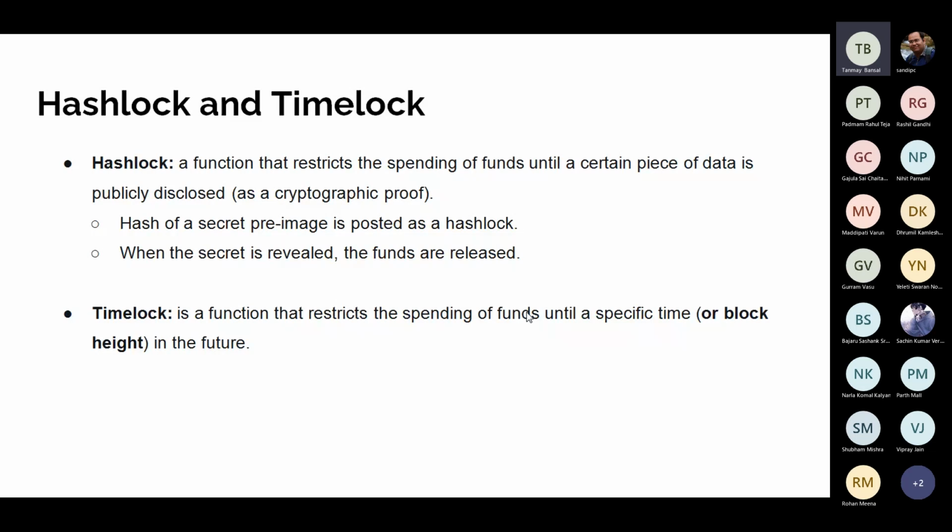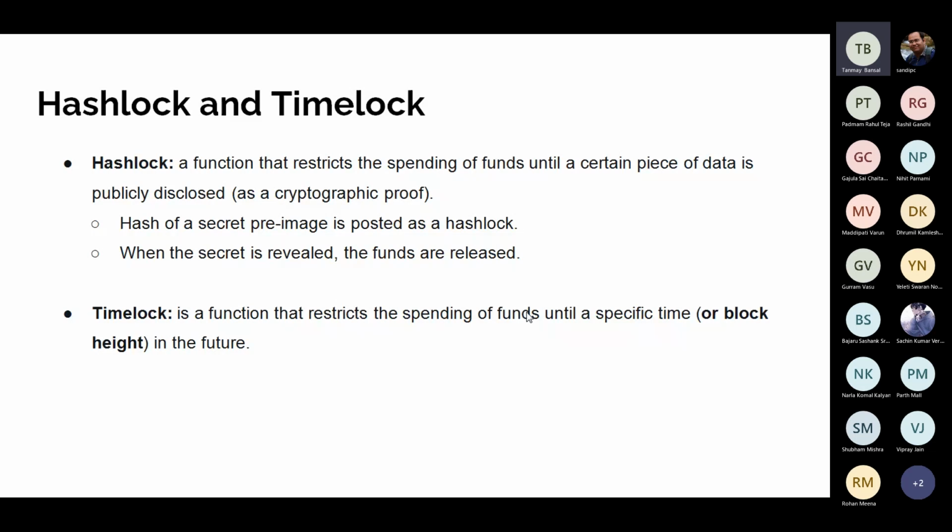So there is a message M, then H of M, that is the digest of that. That would be included in the payment, and the script will be able to unlock only when the original message M is known.